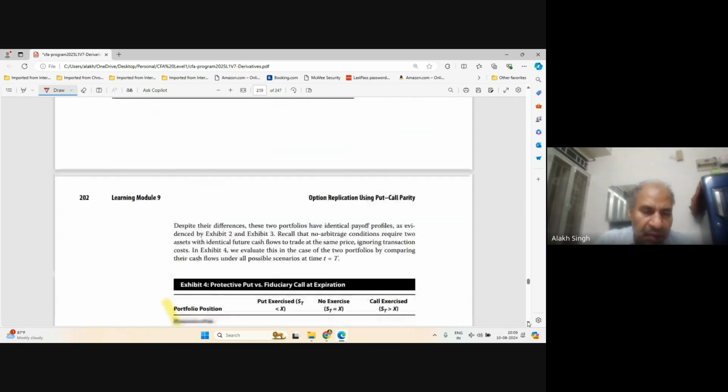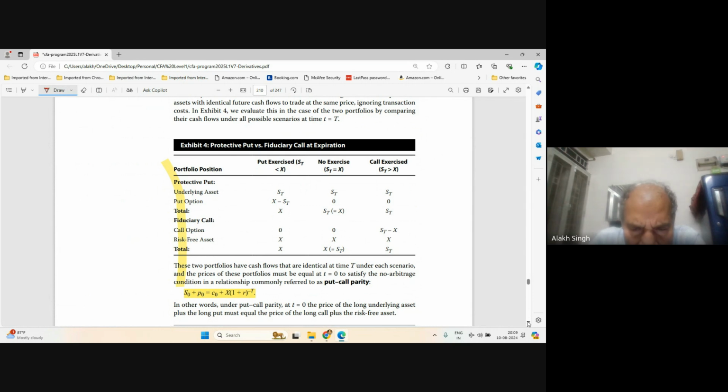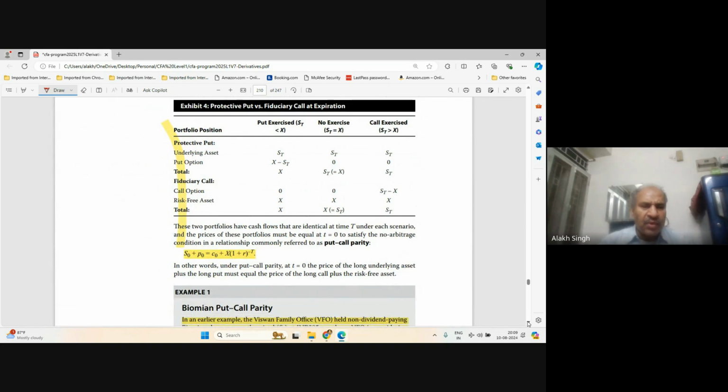Now, what it is telling, this one is for exercise. So protective put is S0 plus P0.